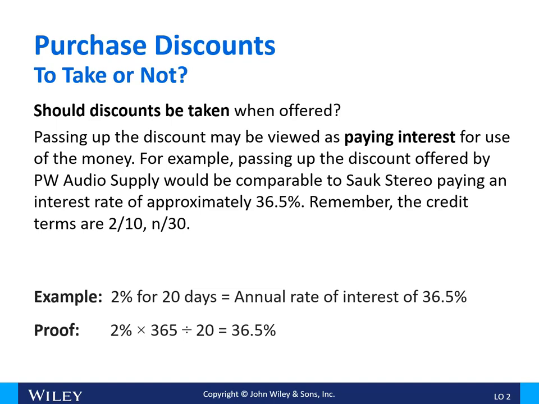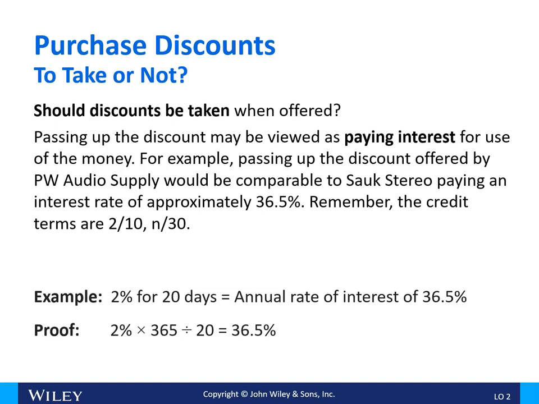Okay, how did we come up with the 36.5%? Remember it's 2% discount if paid in 10 days, net in 30. So we're getting 2% off of our purchase price for 20 days. That equals the annual interest rate of 36.5%. We calculate that by the 2% times 365 divided by 20, and that's how we calculate the annual interest rate.